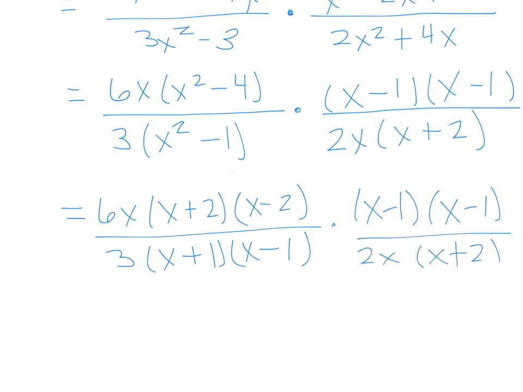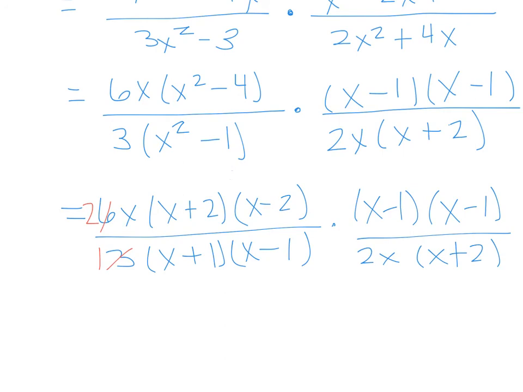Now we get to go through and cancel. And remember, we can cancel across that multiplication. So if we start off, we have a 6 and a 2 in a 6 and a 3 in the denominator. So that 3 goes into that 3 once. It goes into the 6 2 times.